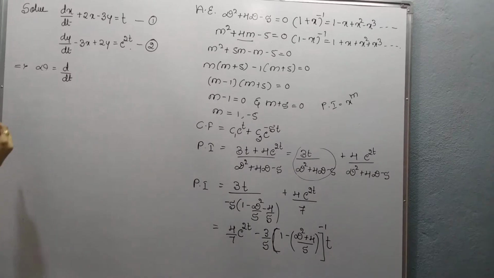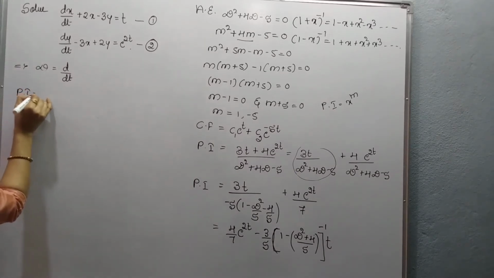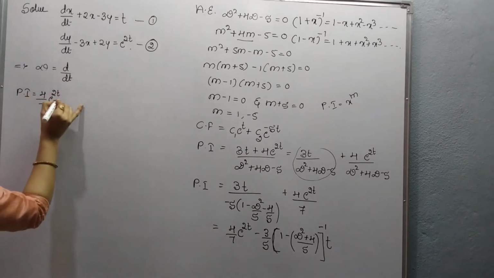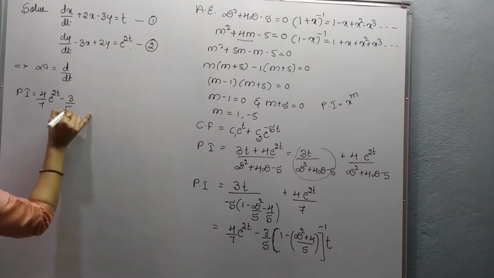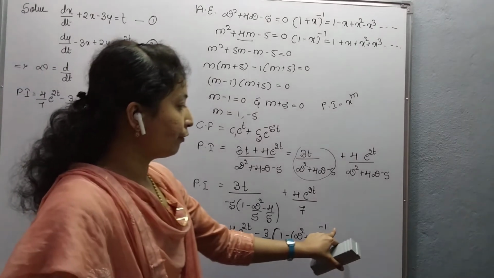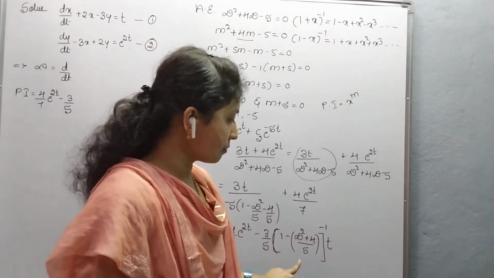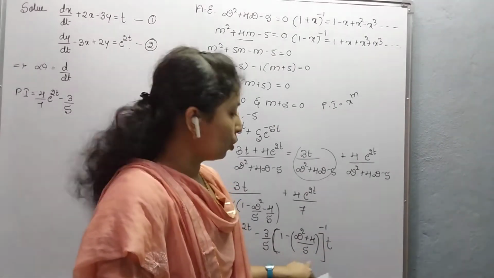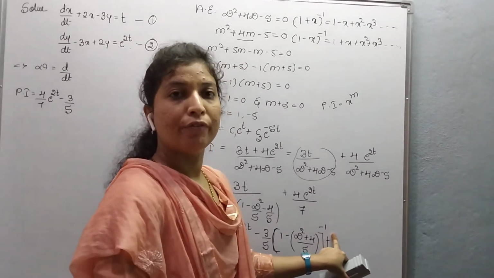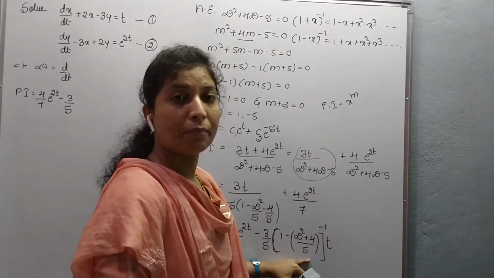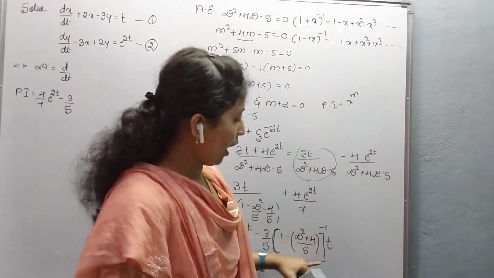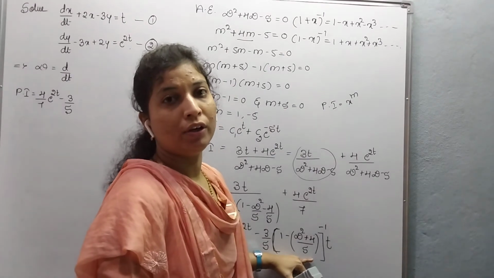Then the particular integral is 4 by 7 e raised to 2t as it is, minus 3 by 5, and here the power of t is 1, so we have to expand this expression in the power of t only. If it has t to the power 2, then we expand the equation up to the power 2.